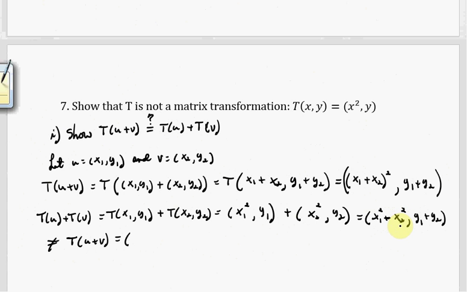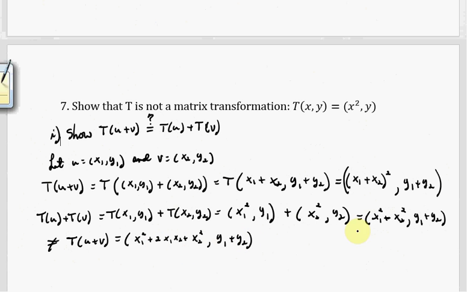They're different. Now I have to simplify that for my Math 100 students, so I better go ahead and simplify it also today. T of u plus v, if you write that out, this is (x sub 1 squared plus 2 x sub 1 x sub 2 plus x sub 2 squared, y sub 1 plus y sub 2).